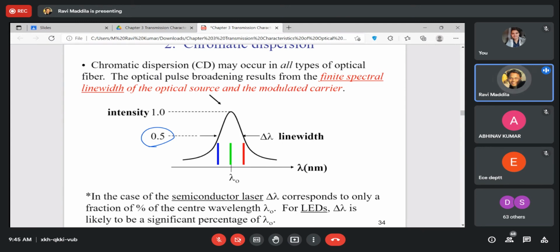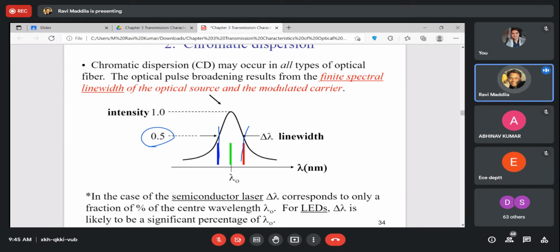So here also it considers the same half power point. If the intensity is 1, then half power refers to 0.5. So at 0.5, what is the pulse width? That is considered to be the line width.